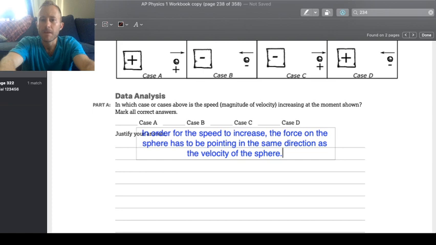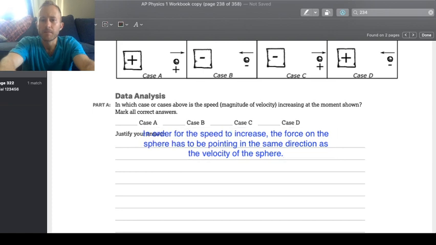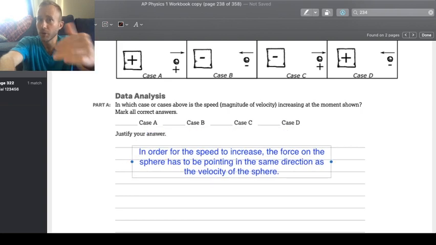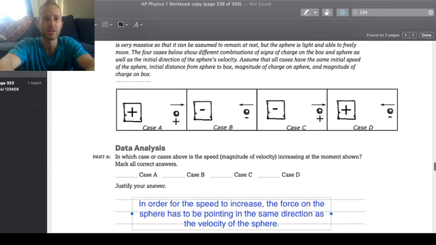Okay? So if you push something along its direction of motion, it's going to speed up. If you push against the direction of motion, it's going to slow down. So let's look at each of these cases.